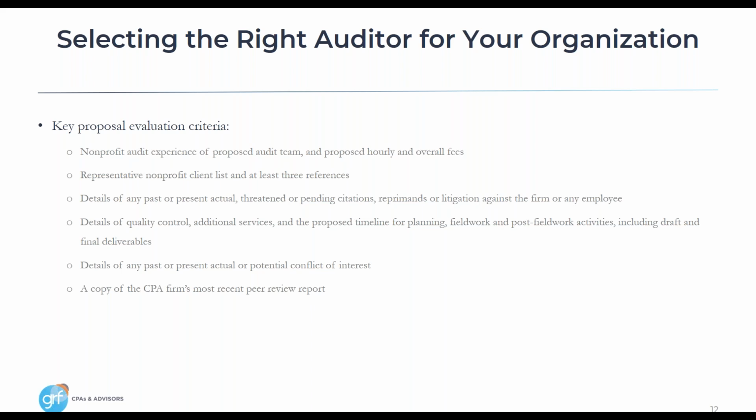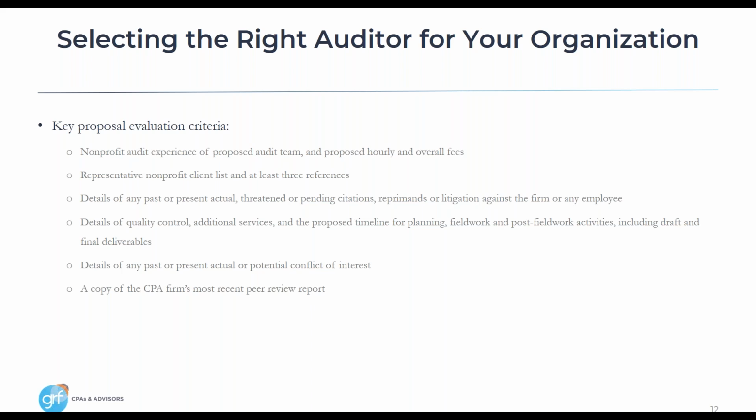But you also want to make sure that the firm has recent nonprofit experience with nonprofits of a similar size and nature to your organization. So if you are a membership organization and you see that this particular audit firm, CPA firm, has significant experience in auditing foundations, but very little in auditing membership organizations, then that's clearly not going to be of much use to you, and vice versa.